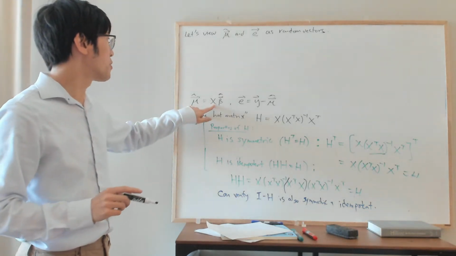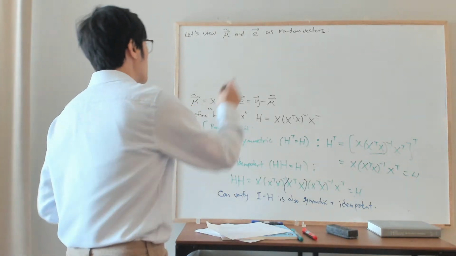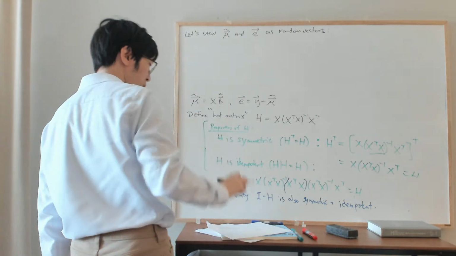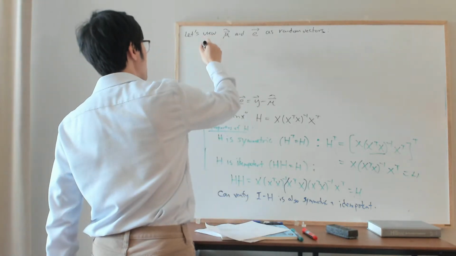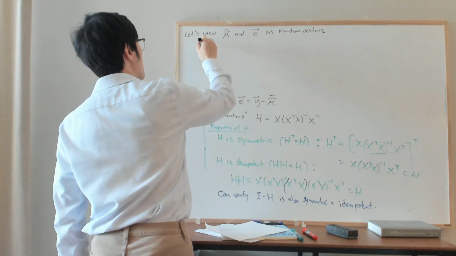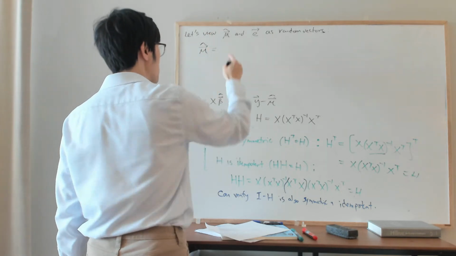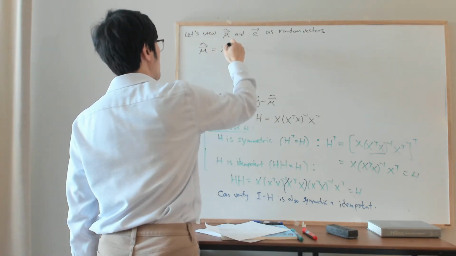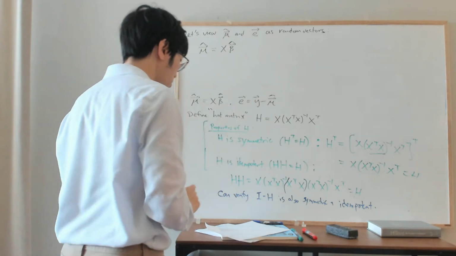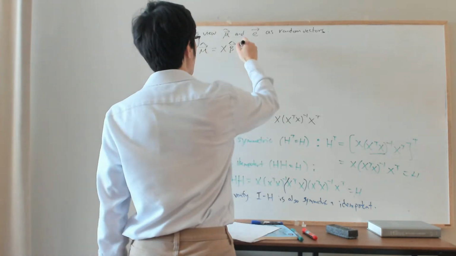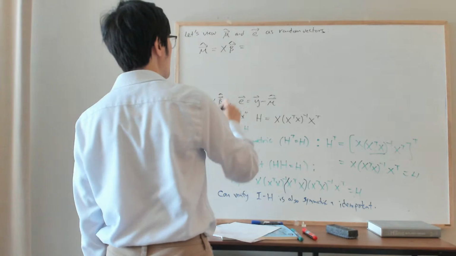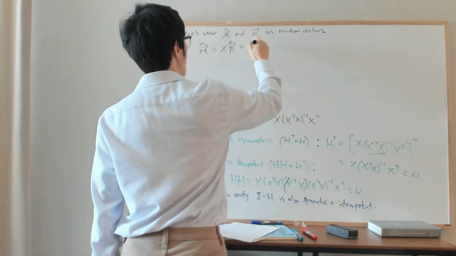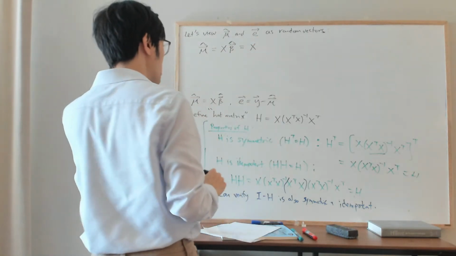Let's first write mu hat. As we said, it's X beta hat. Let's plug in beta hat. So that's X, and what is beta hat?